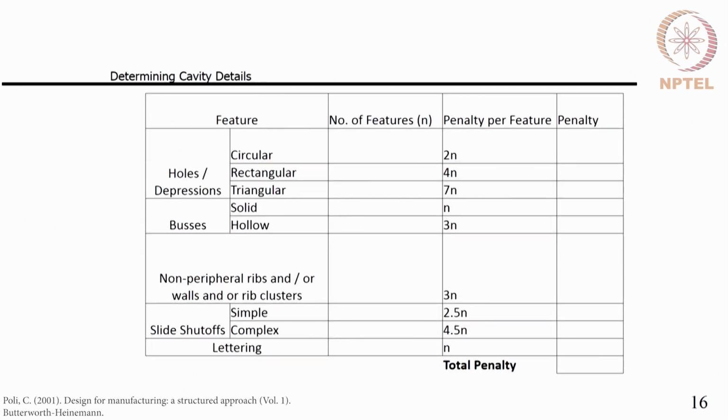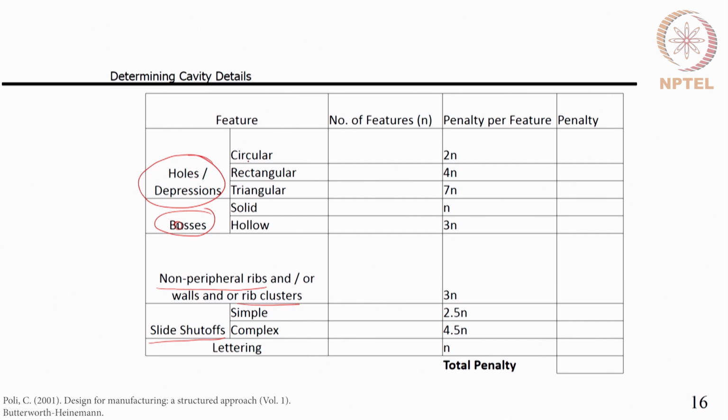To determine the cavity details, we need to understand how many cavity features there are and their types. We need to understand how many holes and depressions there are, how many bosses, how many non-peripheral ribs or rib clusters, and how many side shutoffs.